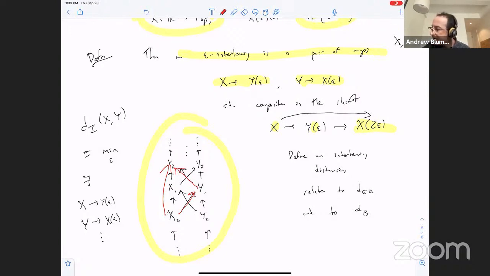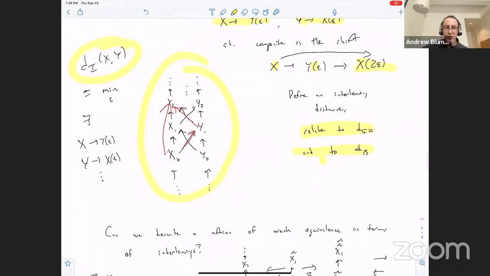And it turns out that you can relate the notion of interleaving to the Gromov-Hausdorff distance and to the bottleneck distance of barcodes. So you can think of the proof of the stability theorem as going through a result about the behavior of the interleaving distance.